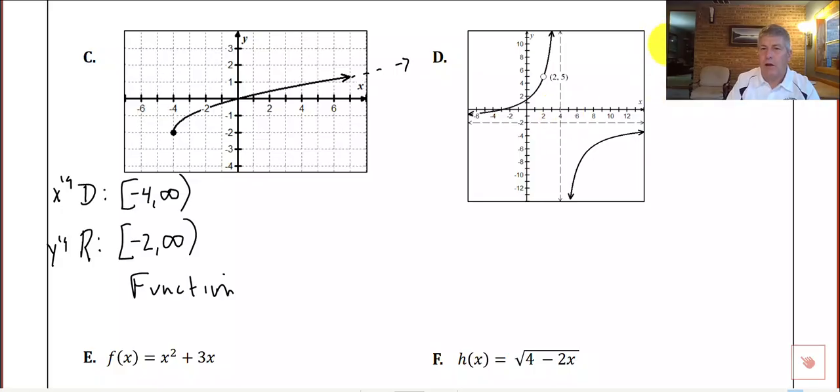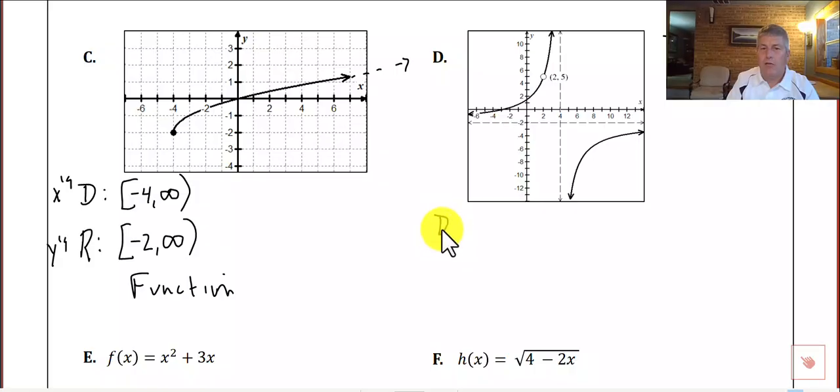So when I look at my domain, I see that x can't be 4, and I've got this hole here. This is called a point of discontinuity in this graph, or a hole. It looks like when I input an x of 2, this thing jumps over that x value of 2. So x can't be 4 and x can't be 2, but it can be anything else.